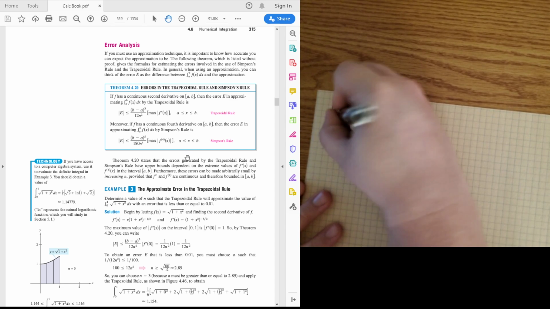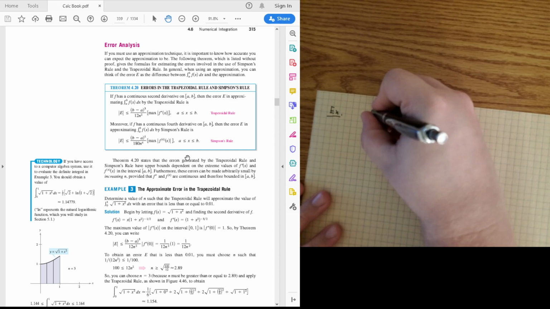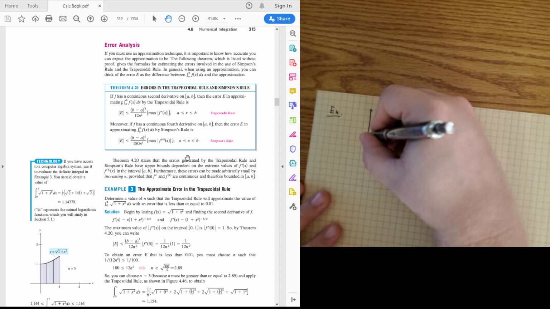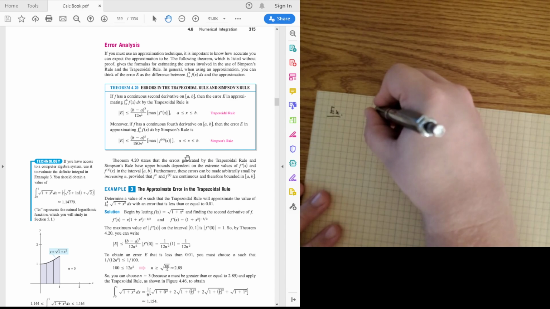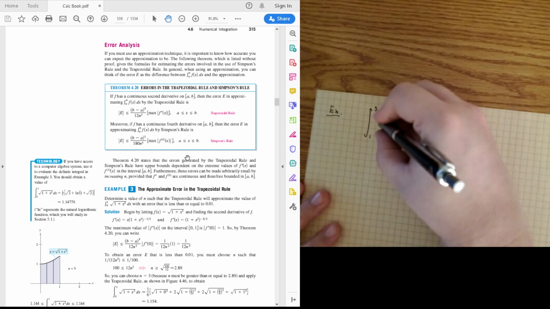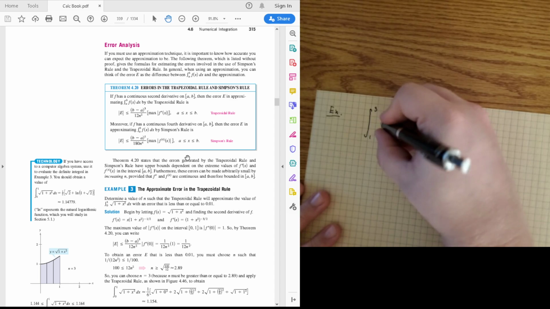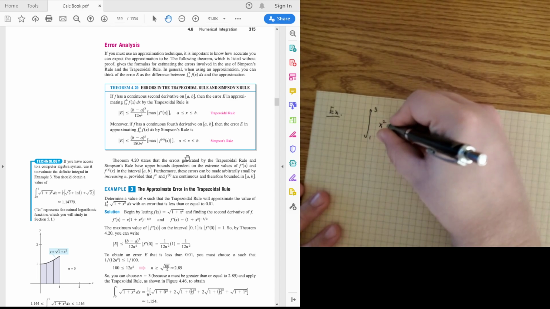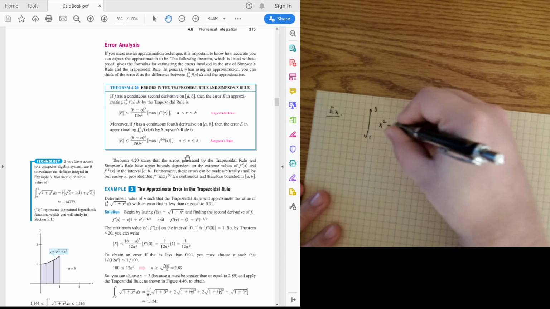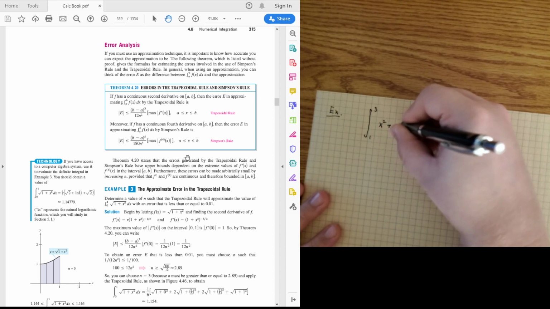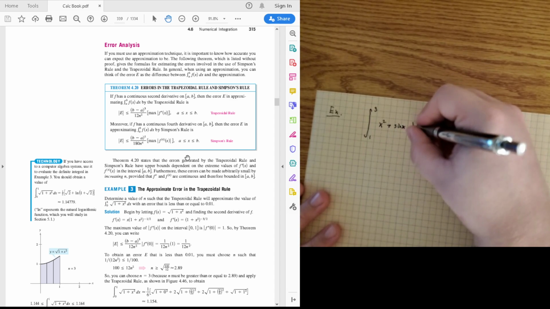So for an example, let's say we have the integral from 1 to 3 of x squared plus sine of x dx.